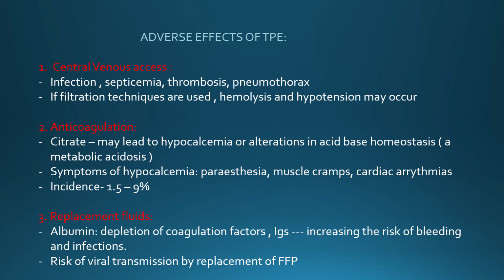With the use of anticoagulants, like citrate which we use most commonly, it will lead to hypocalcemia or alteration in the acid-base homeostasis, which will cause metabolic acidosis. Symptoms of hypocalcemia are paresthesia, muscle cramps, cardiac arrhythmias, and the incidence of causing this is 1.5 to 9%.